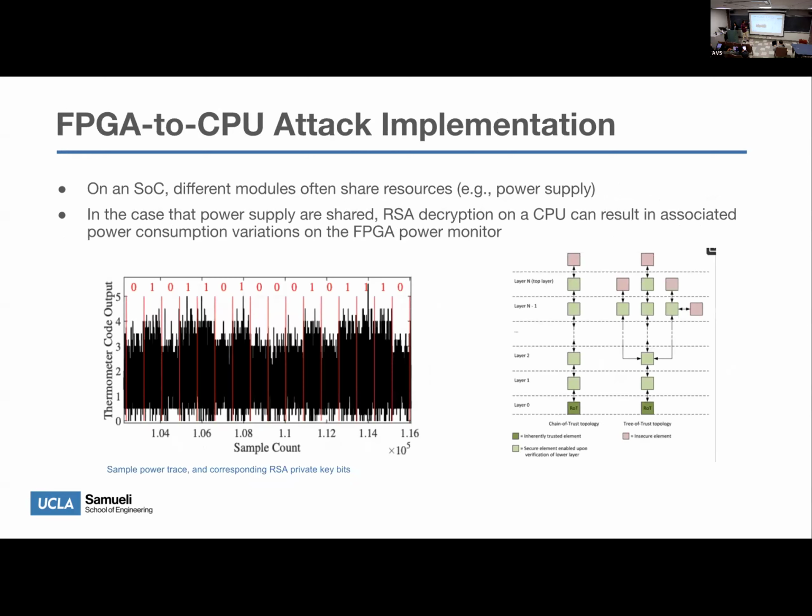Awesome. So on this slide, we have the secondary scenario, which is not just conducting this power analysis attack on the FPGA itself, but rather, if the FPGA is part of a broader system on a chip, how one might conduct a similar attack on a CPU RSA module, for example, if the RSA is implemented in software rather than in hardware.